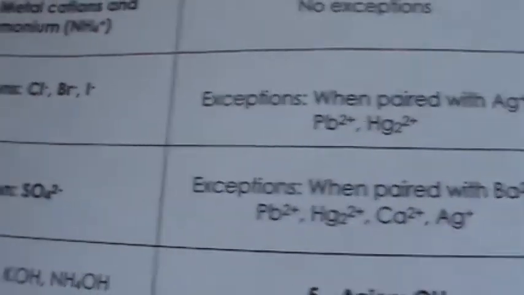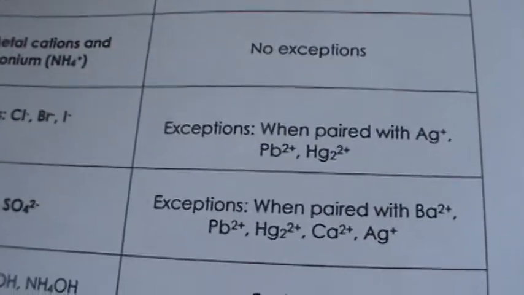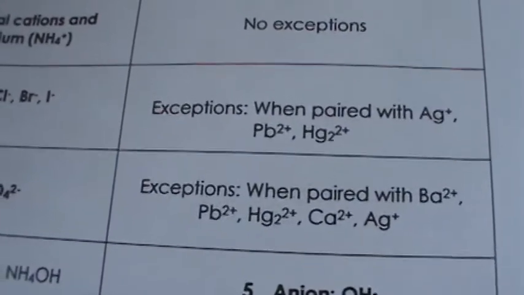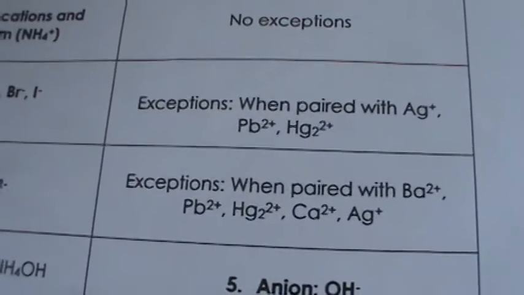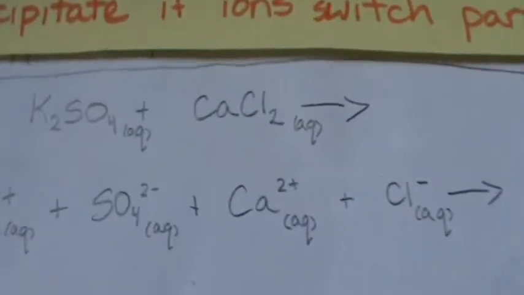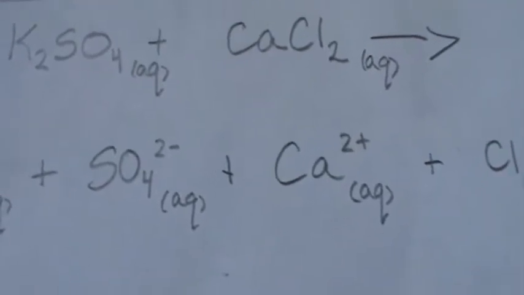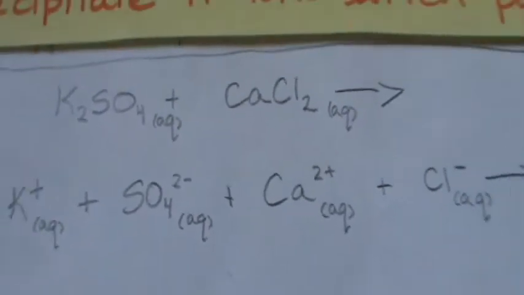And the sulfate says that they are soluble except when paired with barium, lead 2, mercury 1, calcium, and silver. And I see right here that I have calcium, and that's one of the exceptions that will make a solid.